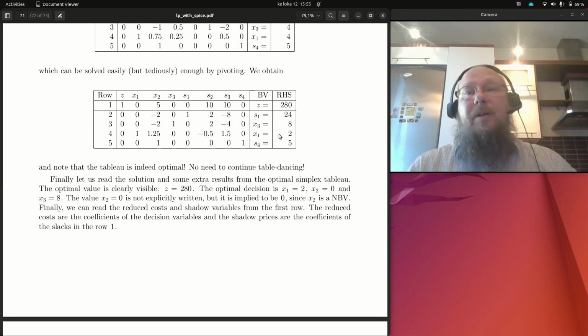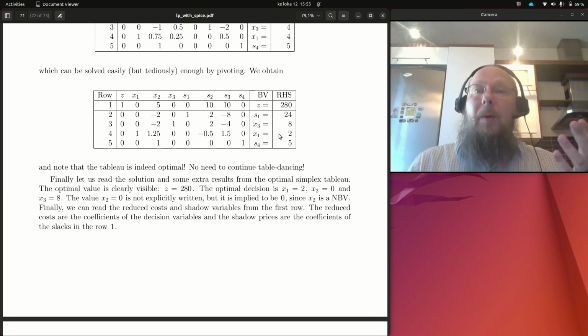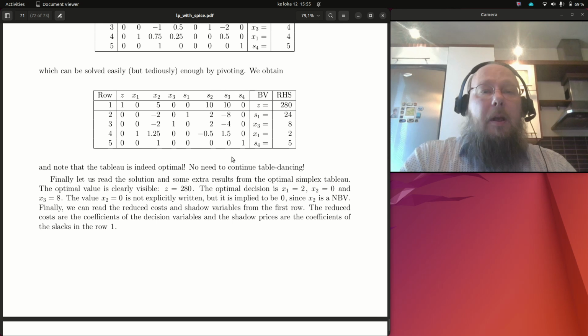That's why they are so much used in this business, because you get them for free from the simplex algorithm. So if you solve an LP with simplex, you automatically solve the dual LP, and you have also the reduced costs and shadow prices.